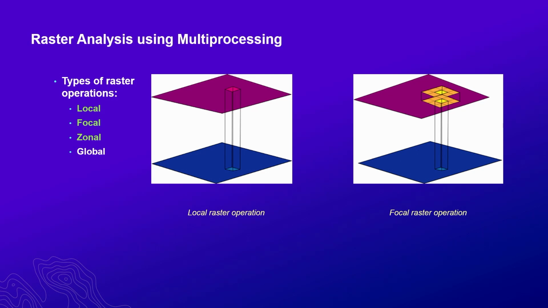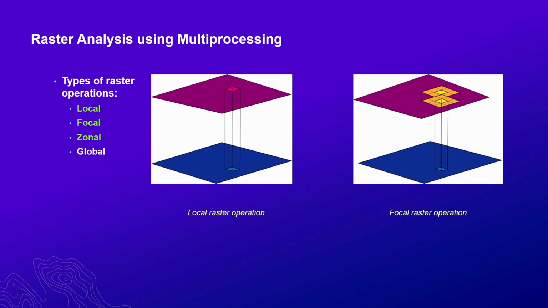You don't have to worry about doing this when you are using existing tools in the toolbox, because we have been doing that work for you. There is no point in doing multiprocessing on a tool which is already doing multiprocessing. So this discussion is primarily geared toward your custom tools.